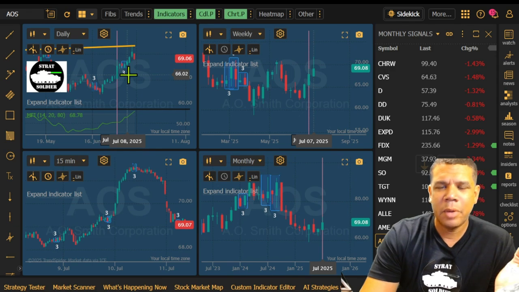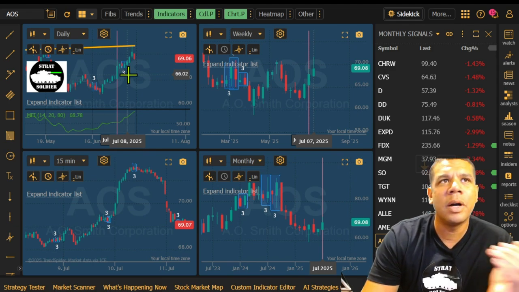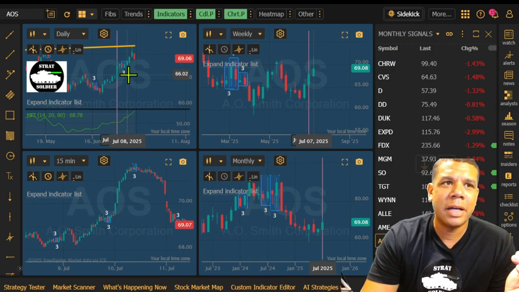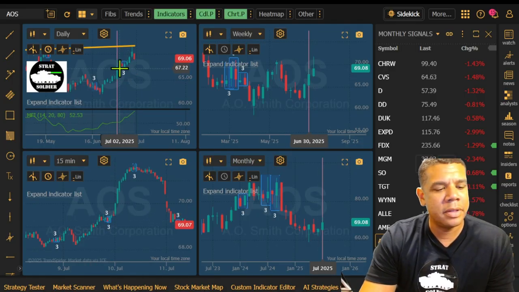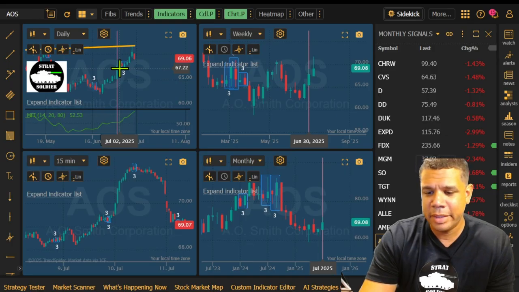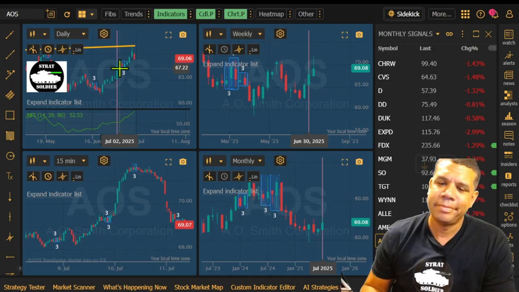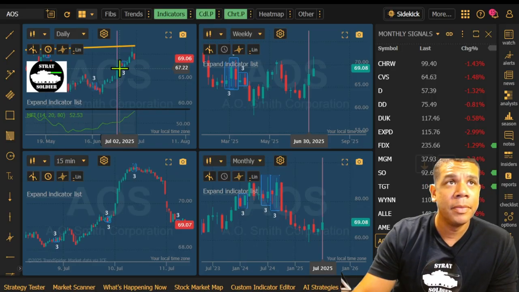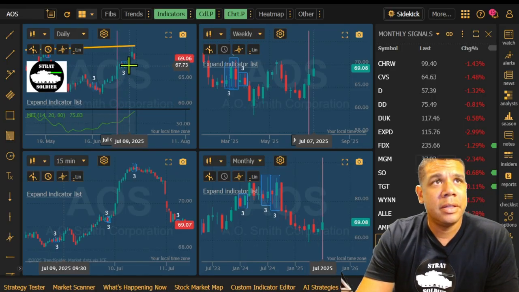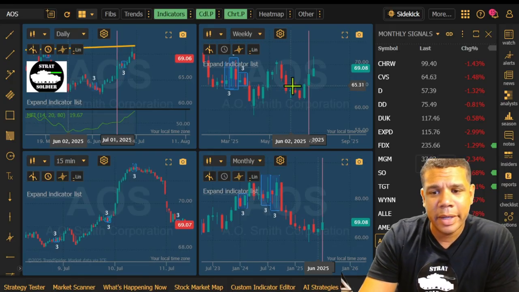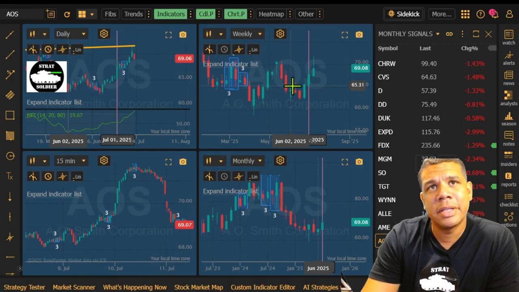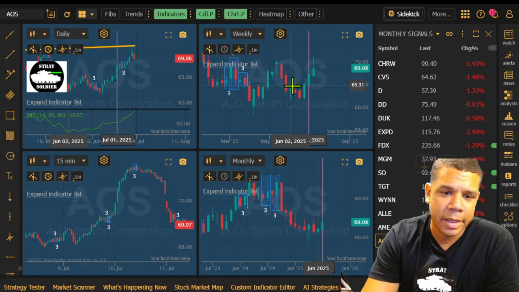Wait a minute, why would we cut it? Why wouldn't we keep going? Why wouldn't we add? But that's not what we do here. These smaller time frames triggered the daily, so that means it did its job. That's not what Rob talked about. Or the 2-2 reversal on the day triggered the week. That's what we wanted. Go ahead and cut it. It's exhaustion risk now. That's not what Rob talked about.